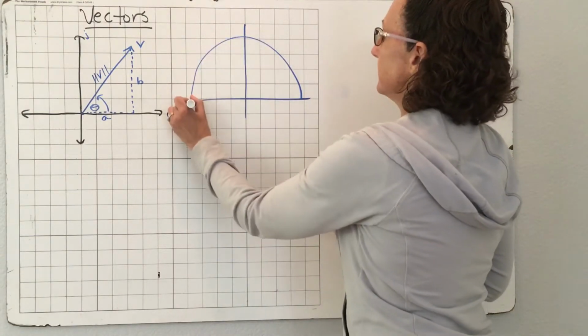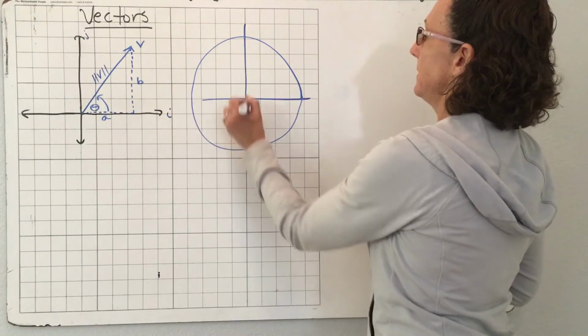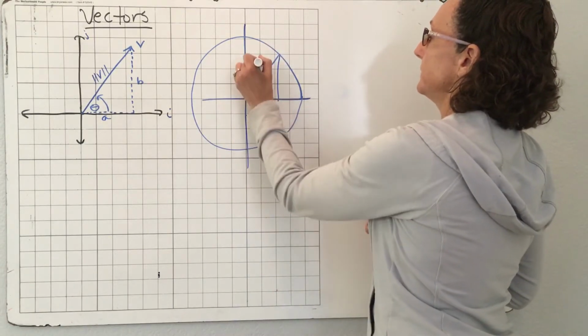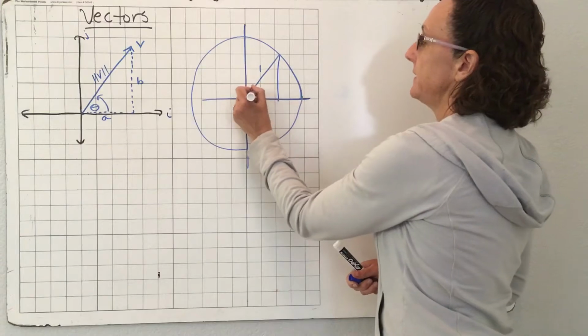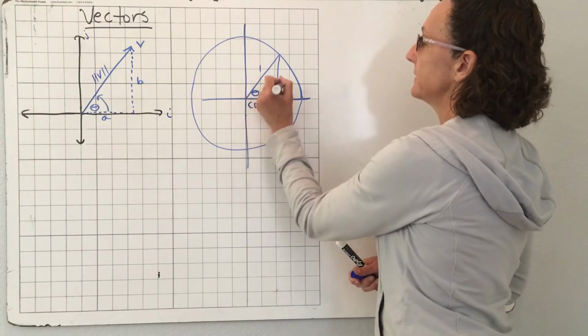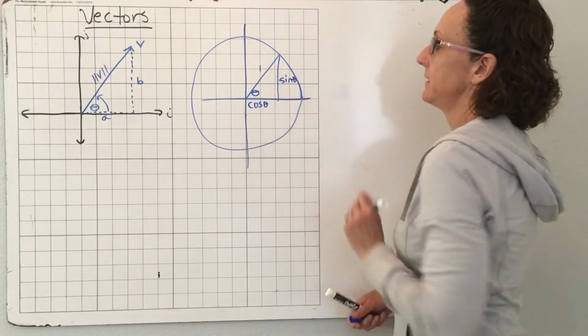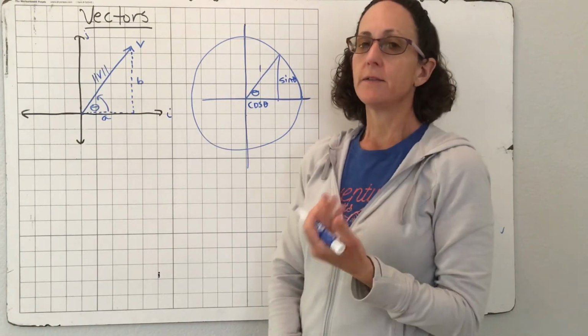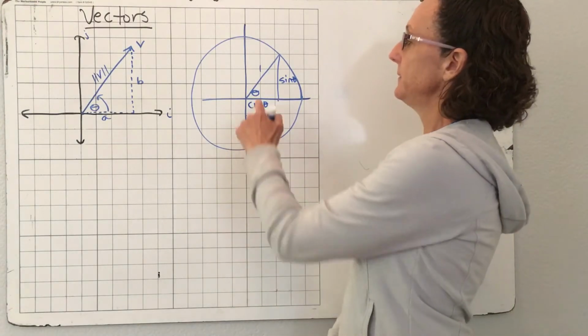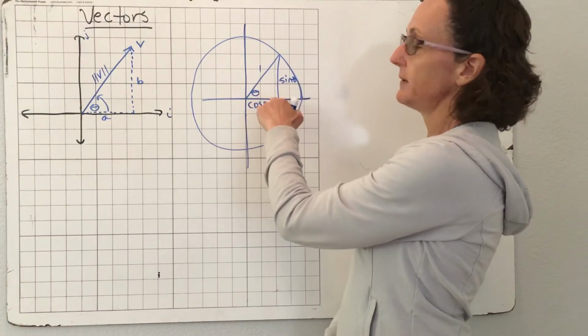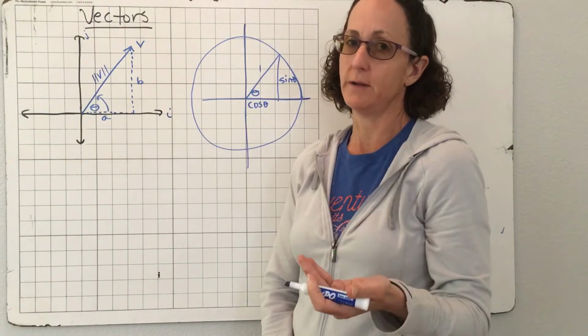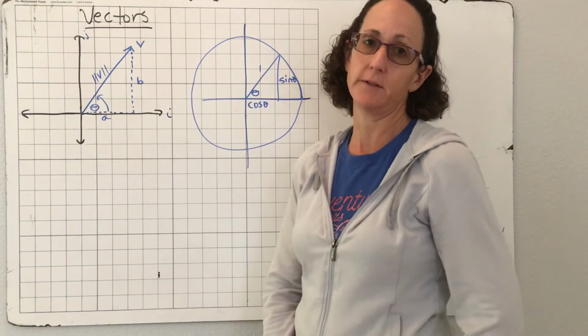Okay, so this is what we've been doing since January in this class. If you had a unit circle, okay, so this was 1, this was theta, then you would say this is the cosine and this is the sine. Okay, we all know that. Now the thing is, vectors are a little bit different, because in order for this to be true about a vector, it would have to have a magnitude of 1, which it can have, but it almost never does.